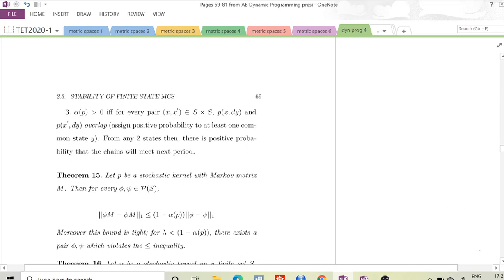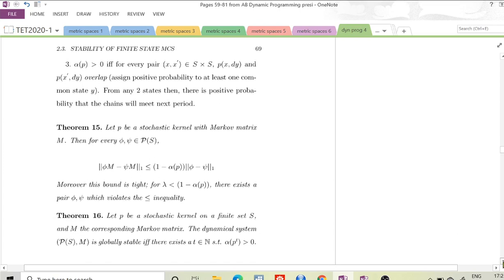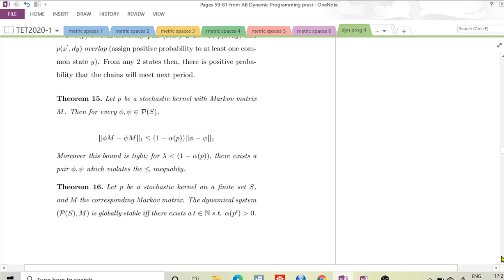So the preliminary theorem which associates this with the contraction mapping theory is this.